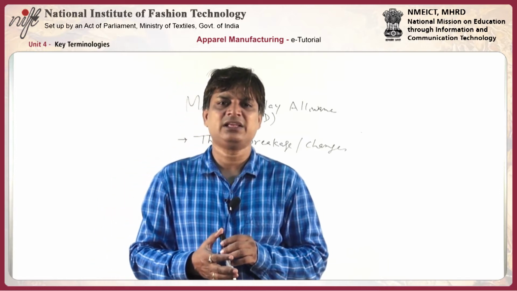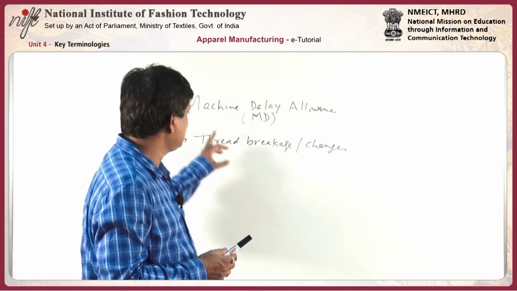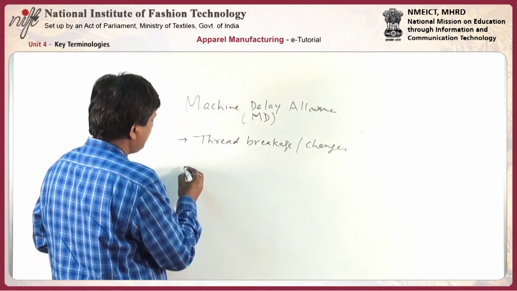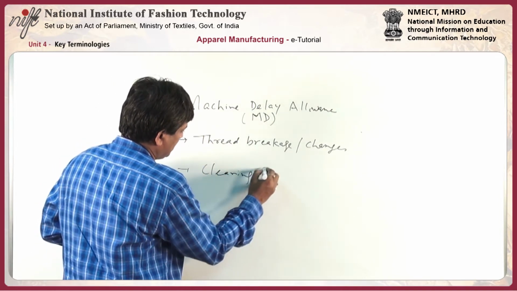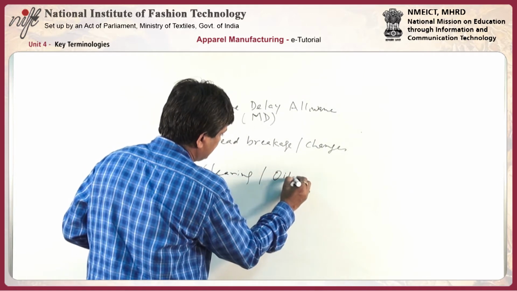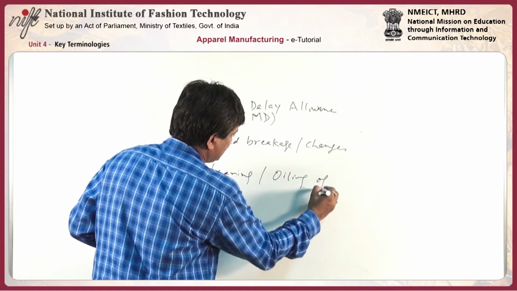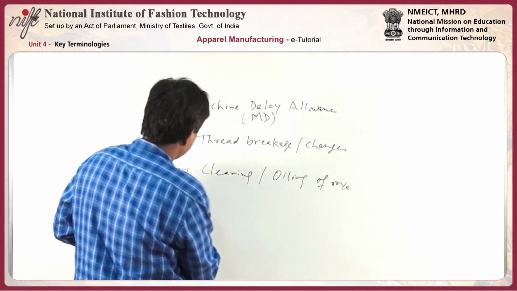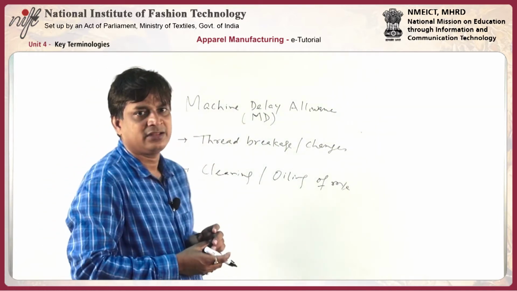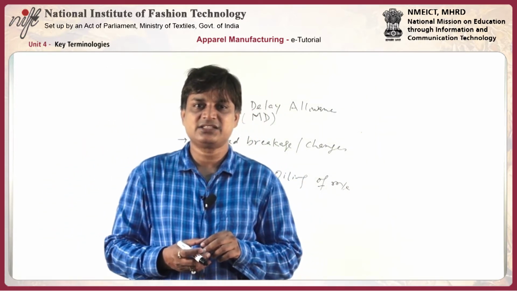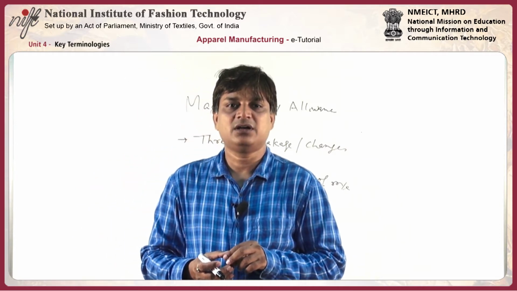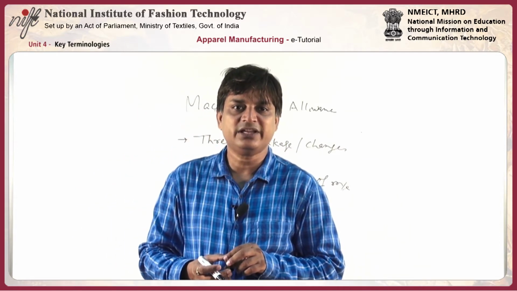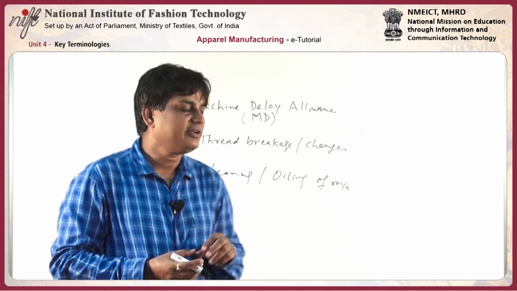Then cleaning and oiling of the machine, we also give allowances for that. Apart from cleaning and oiling, thread changes and bobbin changes, we have needle breaks. What are the minor needle breaks?